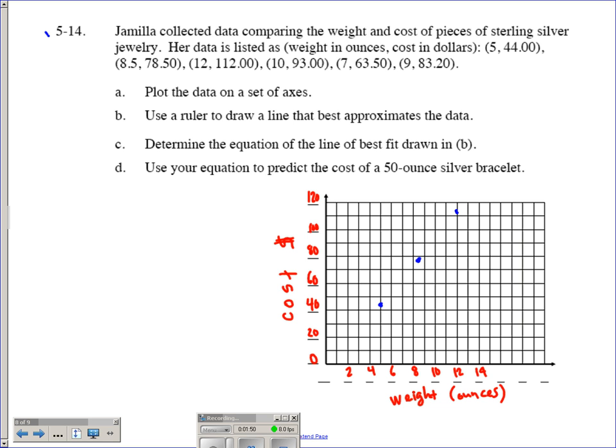So 10 and 93. So 10 ounces, $93. 7 ounces and $63.50. And then we have 9 ounces is $83.20.